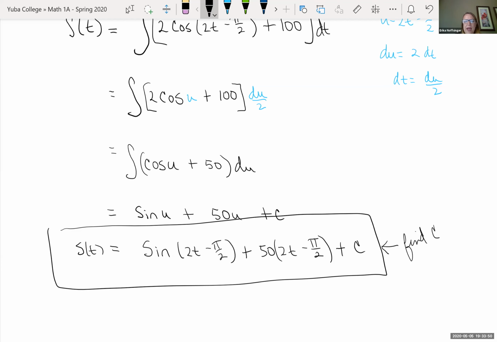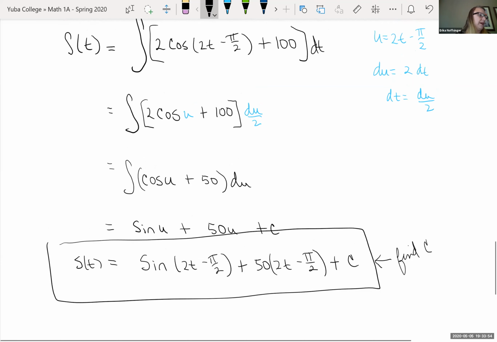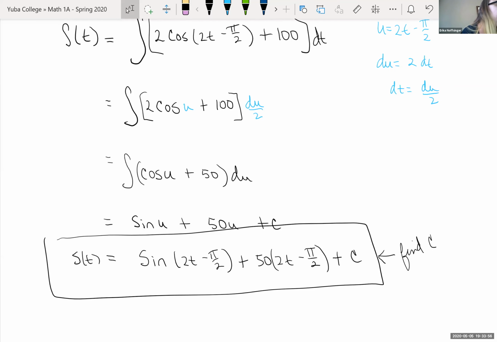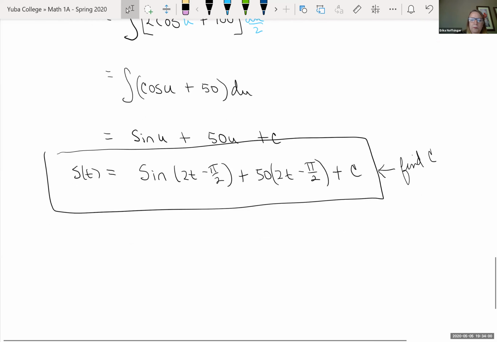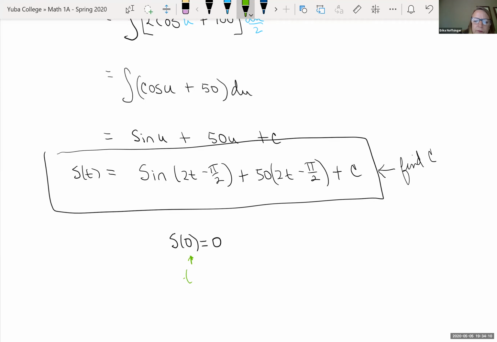So I need to go back and look at the information they gave us, because for our initial value problem, I actually have it in front of me. They told us that s of 0 is 0. So this is saying when t equals 0, s of t is 0.